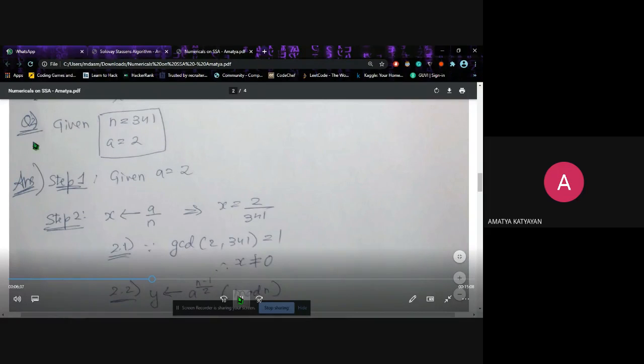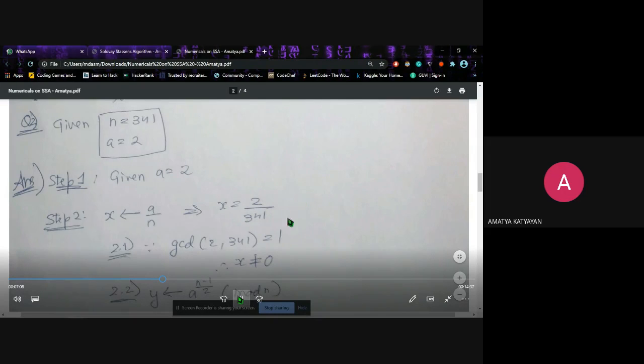Now the answer for this question would be, if we take step 1 as a is equal to 2, given in the question, so we don't need to assume the value. If it was not given, then it is easiest to assume a as 2. Coming to step 2, x is taken as a upon n. X is equal to, in this case, the value of a that is given to us is 2. The value of n that is given to us is 341. So we write 2 upon 341 as the value of x.